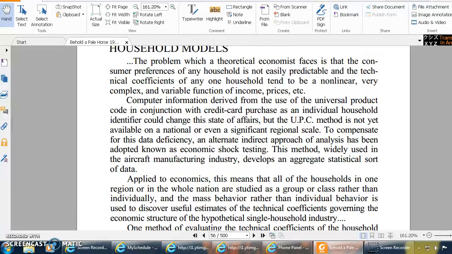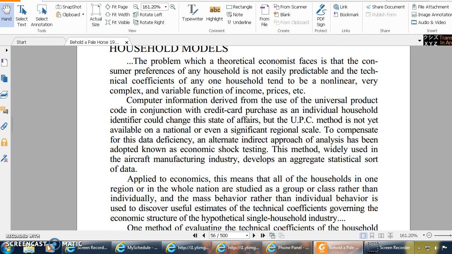To compensate for this data deficiency, an alternate indirect approach of analysis has been adopted known as economic shock testing. This method, widely used in the aircraft manufacturing industry, develops an aggregate statistical sort of data.